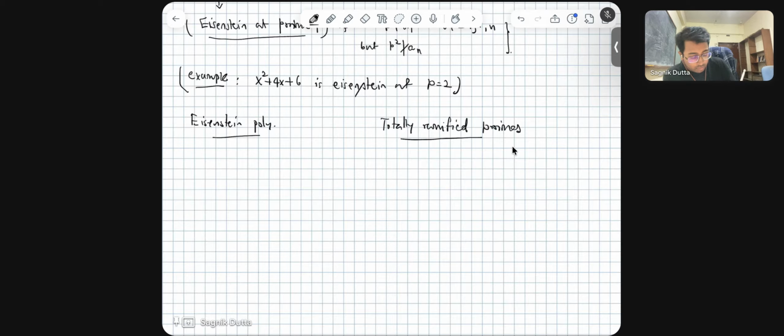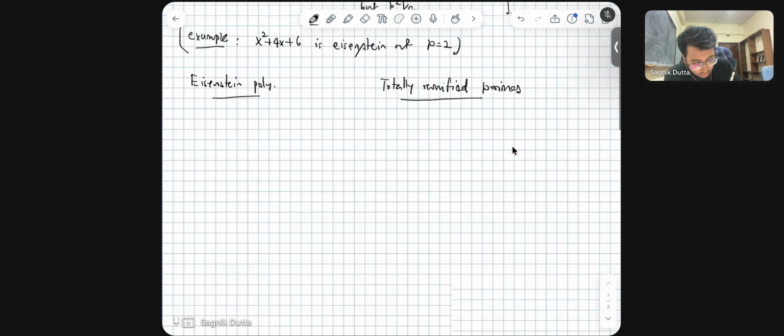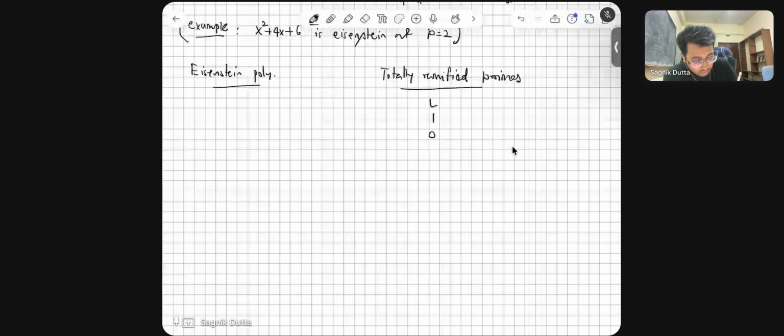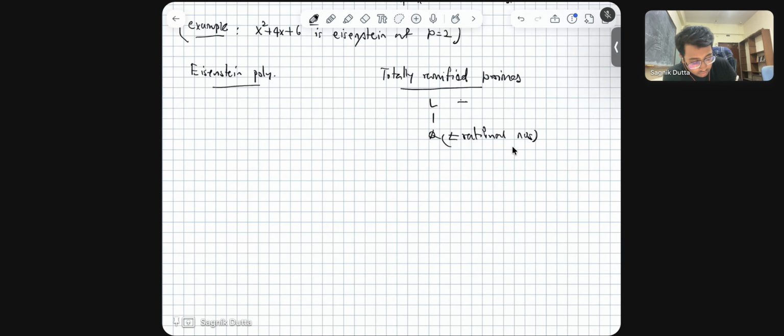So what's a totally ramified prime? Let's say you have some finite field extension of Q, the field of rational numbers, and say L over Q is a finite extension.